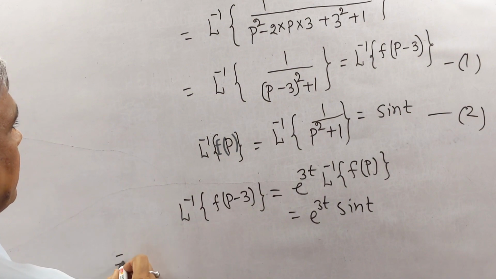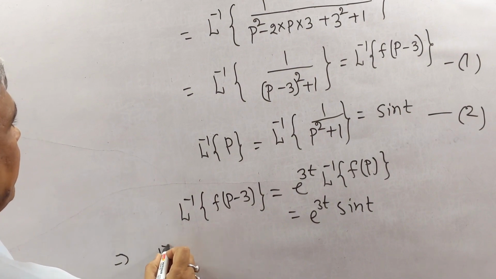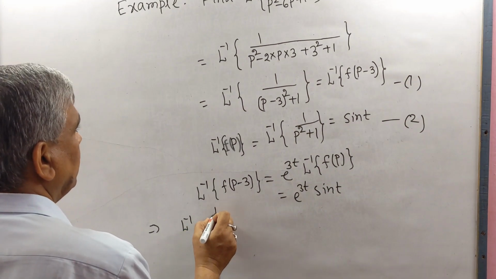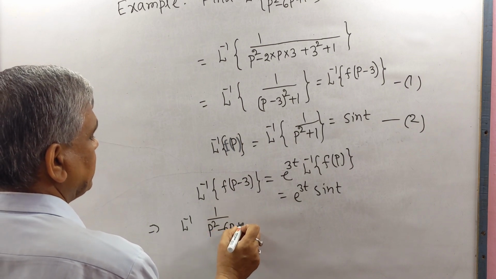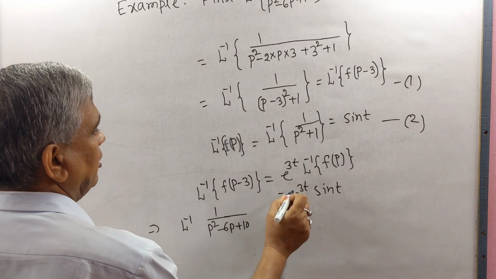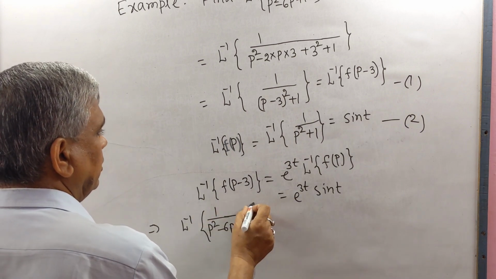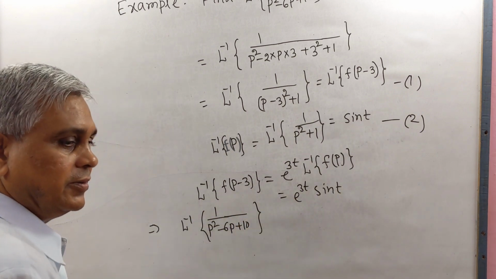So we get L inverse 1 by p square minus 6p plus 10 equal to e to the power 3t sin t.